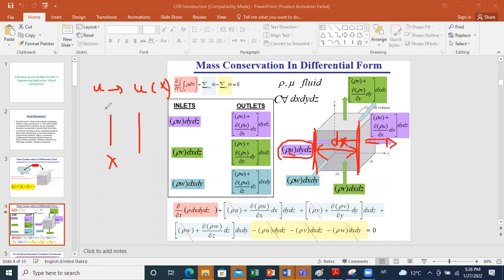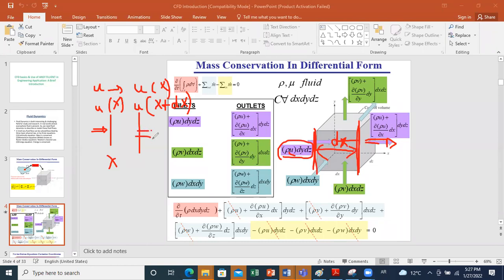So at this face, you have u of x, and for the other one, you have u at x plus dx. So you have an inlet here and an outlet here.